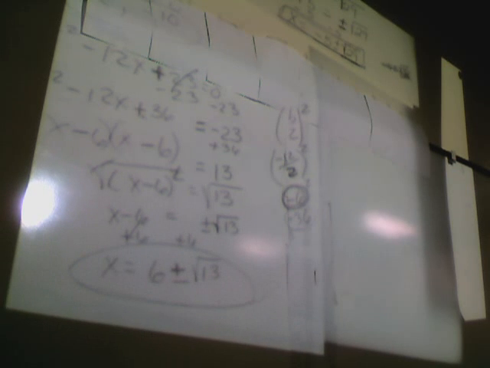That's not a perfect square, so that's as far as you have to go. Usually completing the square, we'll leave that square root on there, because if it would have come out to whole numbers, you probably could have factored it into whole numbers. So most of the time, you'll leave that square root sign.